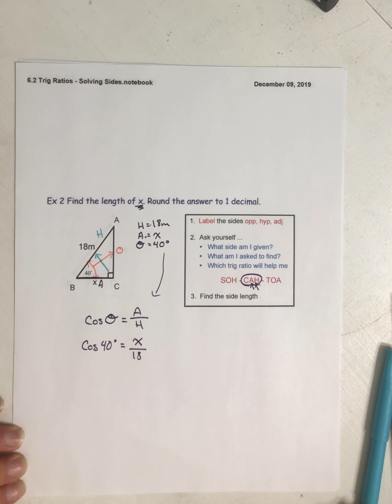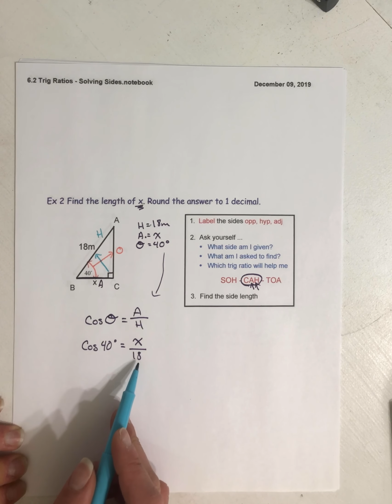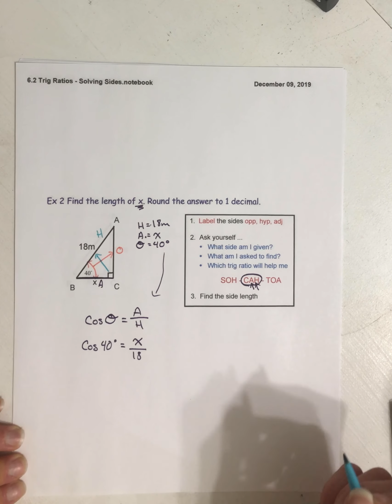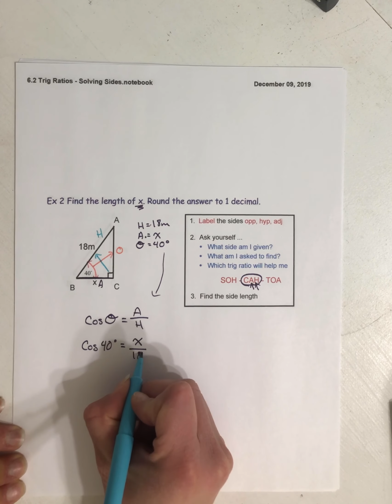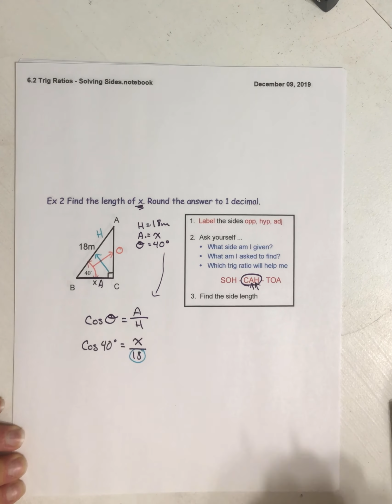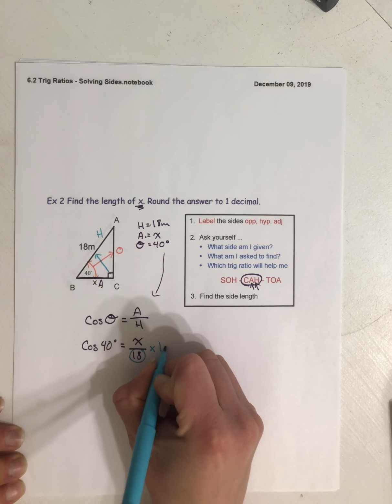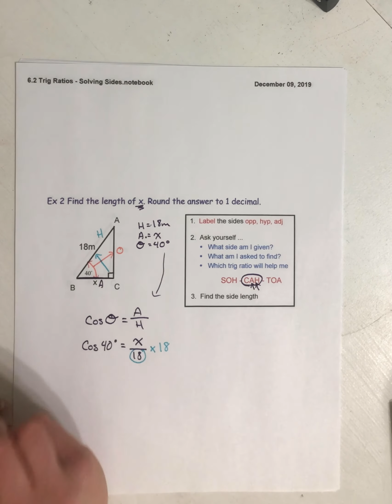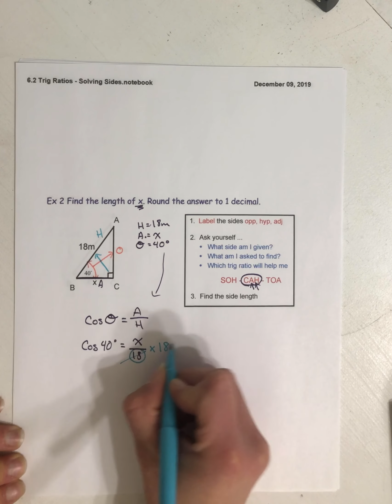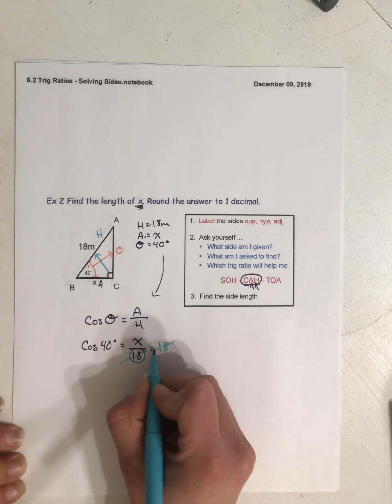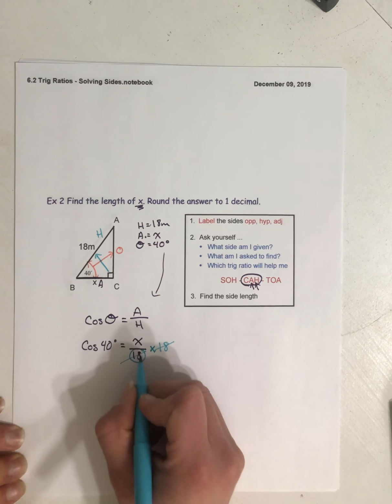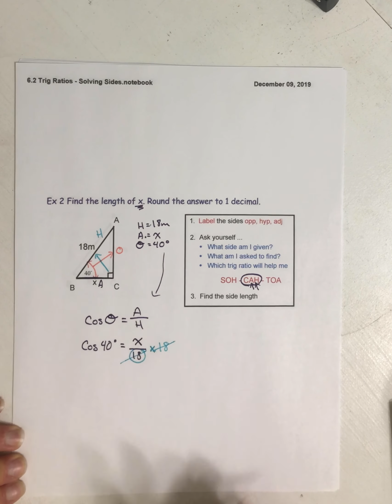So what we need to do is get x by itself, and to do that we need to get rid of this 18. So we have to do the opposite of what is being done here. Right now we're dividing by 18, so we have to times by 18 to get rid of it on this side and this side. If we times it by 18, this becomes nothing.